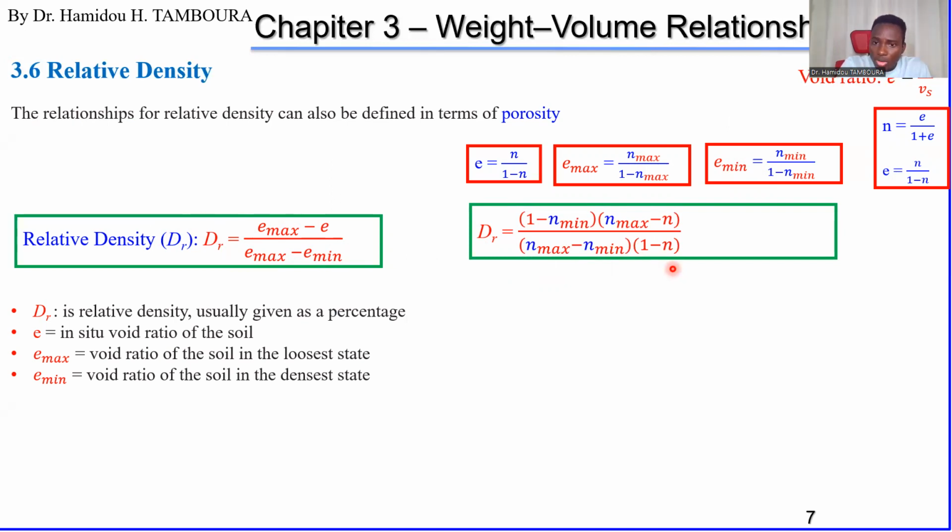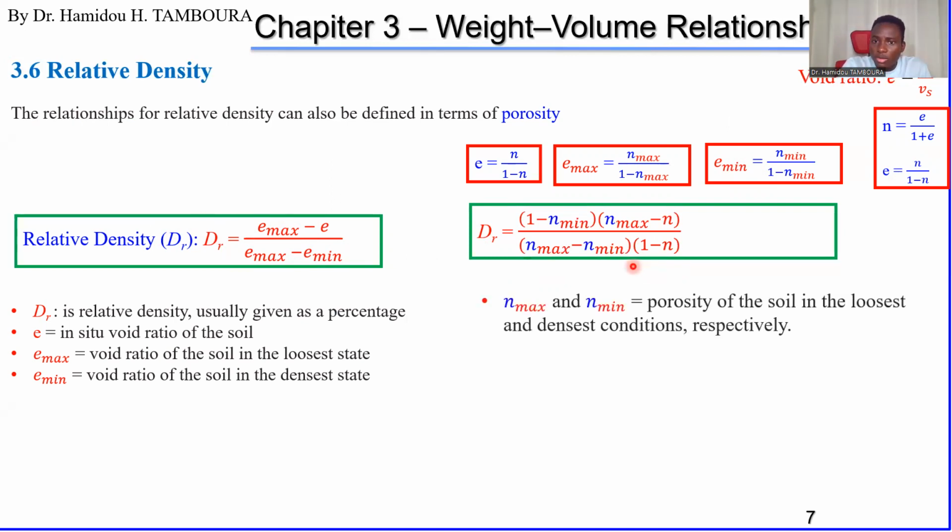In this formula, of course, N max and N min mean the porosity of the soil in the loosest state and densest condition, respectively.